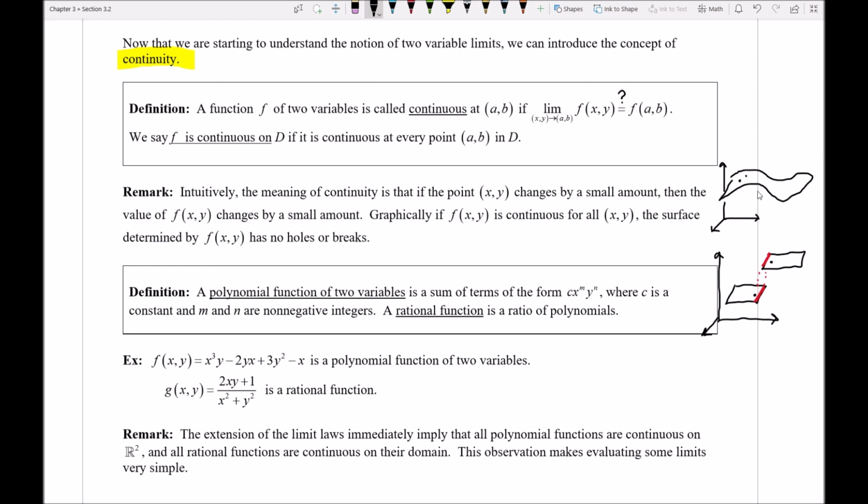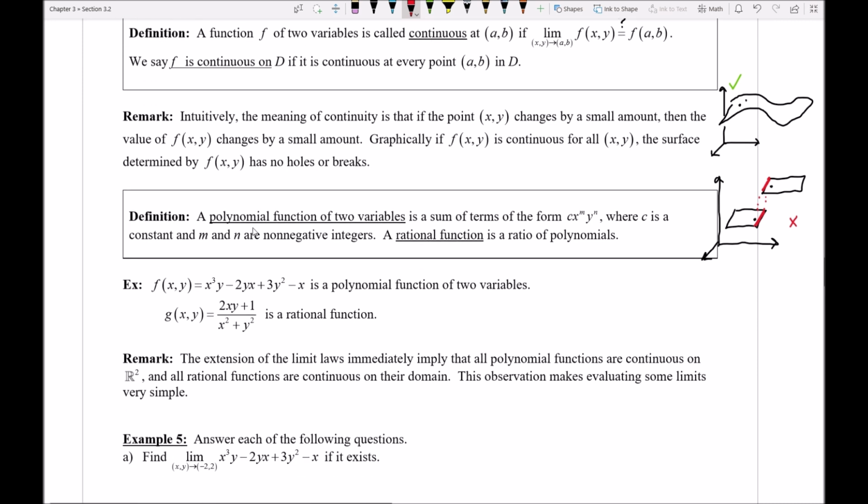So what we really want to focus on is what types of functions are going to be in this nice continuity camp, and what functions are going to be bad and not continuous. To understand that, we have to take a look at this important next definition. What is a polynomial function of two variables, and what is a rational function of two variables? A polynomial function of two variables is a function that's built from terms of the following shape.